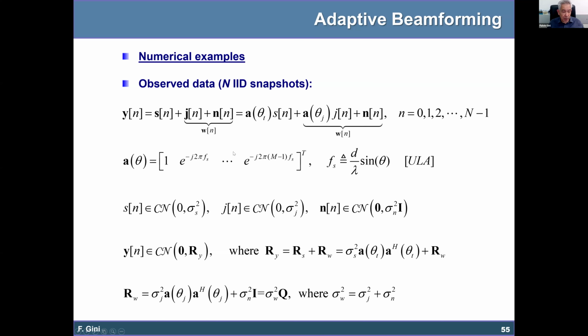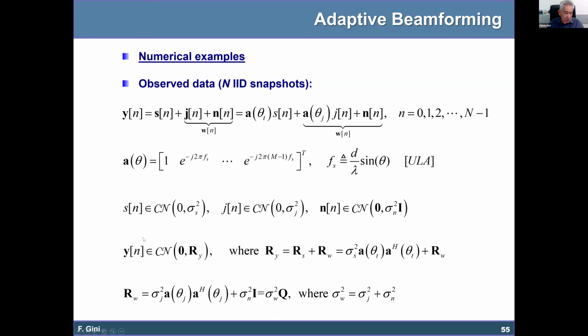So this is the array response. The signal generated by the source is a Gaussian process, complex Gaussian because it's the complex envelope, with zero mean and some power. The jammer is also a Gaussian process with zero mean and its power. And the noise is temporally and spatially white, and it's a Gaussian process.